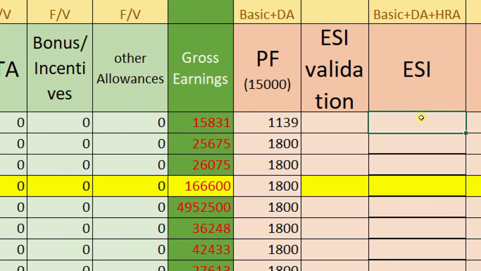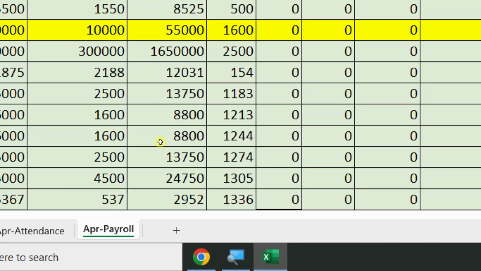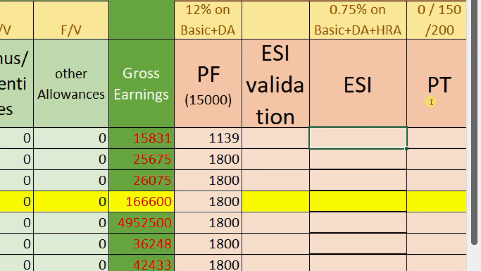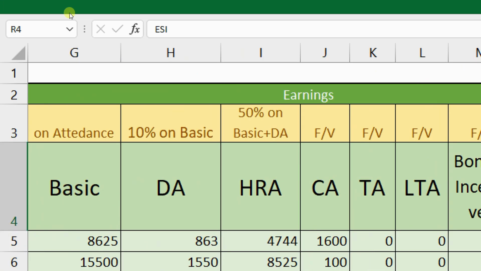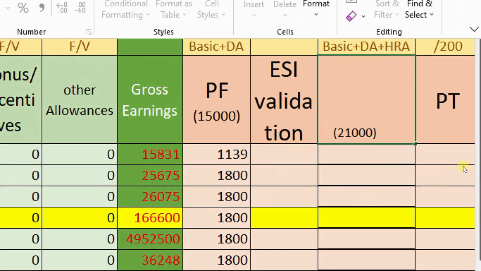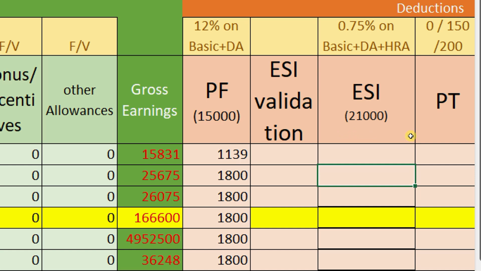For ESI, remember, the limit for ESI is basic plus DA plus HRA, if it is less than 21,000. What is it? Employee State Insurance.